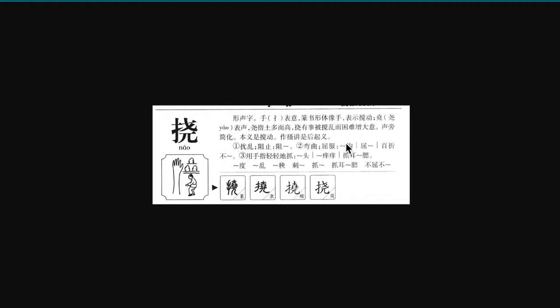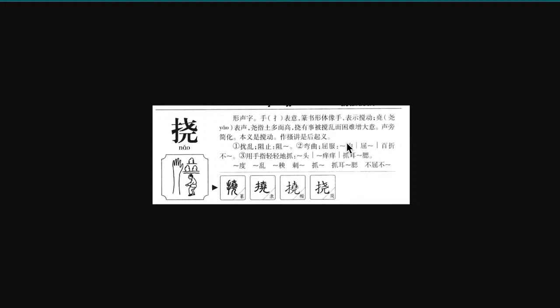So they use this big amount of dirt to express that the action of this character is to make trouble, to make the situation worse and hard to deal with.